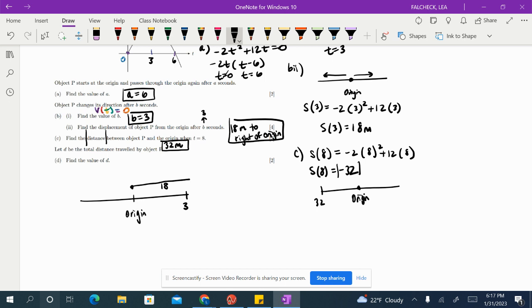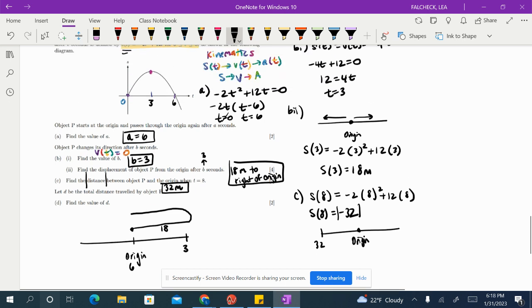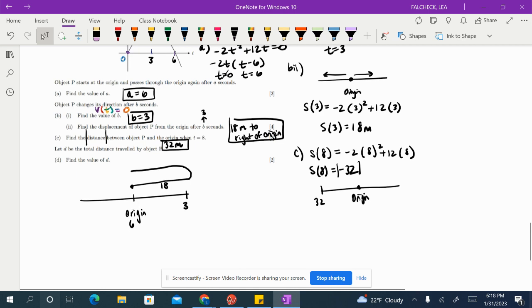Then he changed direction. Remember, we found that he changed direction and returned back to the origin when time was equal to 6 seconds. That's what happened when we found the x-intercept over here. So that's going to be another 18 meters for him to get back. Then, find the distance between object P and the origin when t equals 8. We found that distance to be 32 meters.